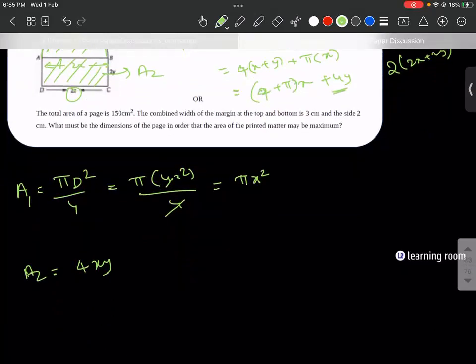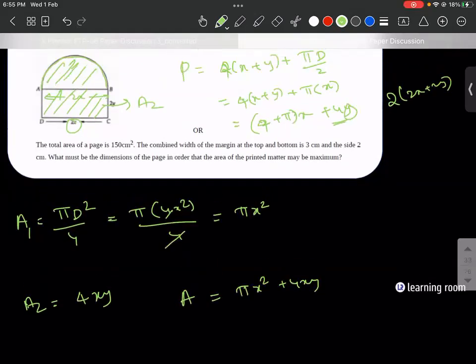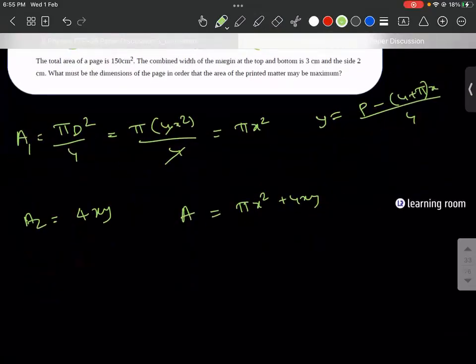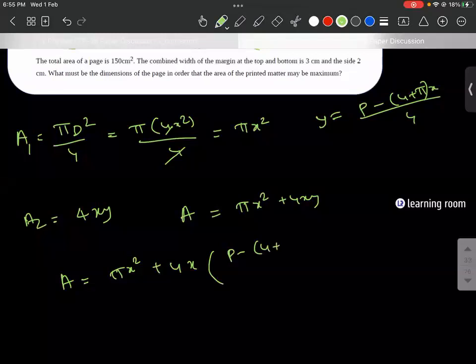Area is going to be how much? Area is going to be pi x square plus 4xy. So can you take this y and substitute it? So y is equal to P minus of 4 plus pi into x divided by 4. Pi x square plus 4x into P minus of 4 plus pi into x divided by 4.